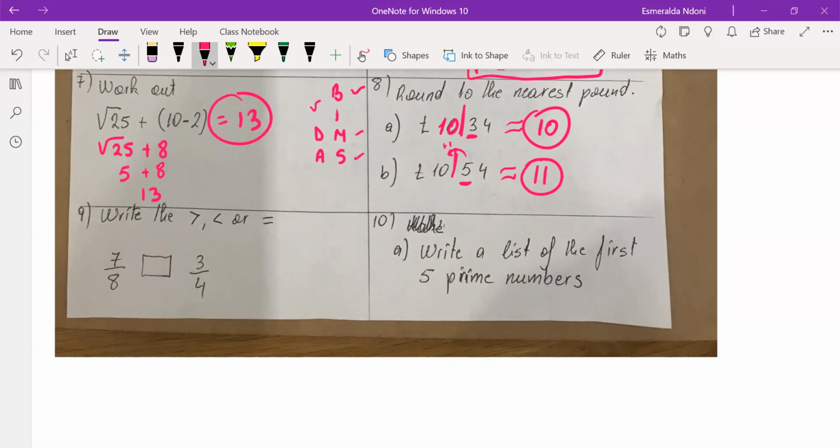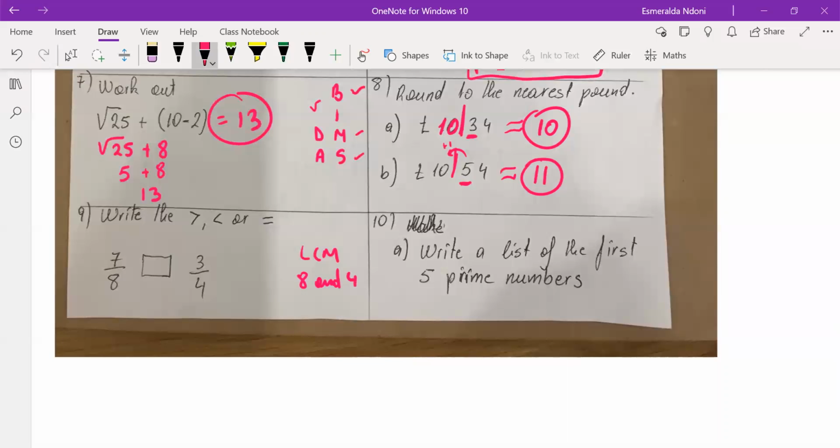So, comparing fractions, LCM. That will be the chant. Remember, when I say comparing fractions, you would say find the LCM. So we need to find the LCM of the denominators, the 8 and the 4. So LCM of 8 and 4.